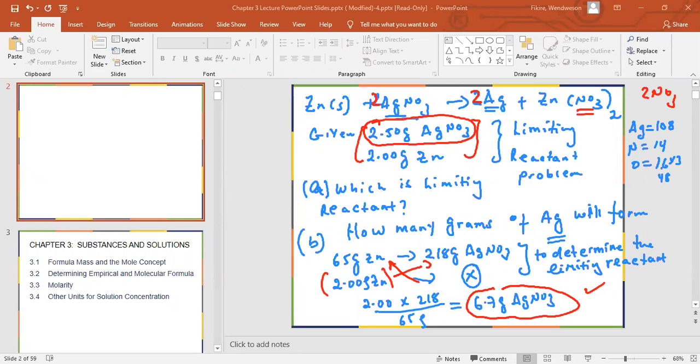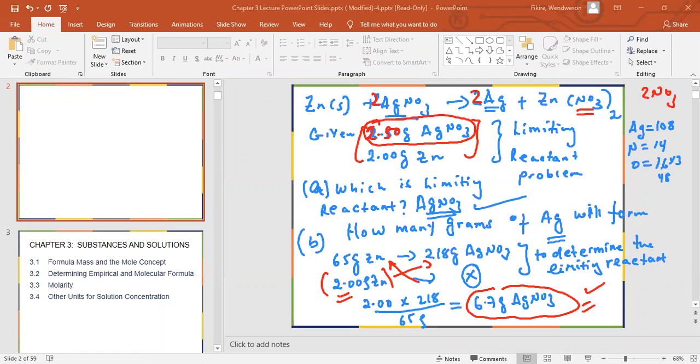So which is the limiting reactant then? Silver nitrate, because you don't have enough amount. You have been given 2.50 here. So that's how the limiting reactant is determined. In this case it would be silver nitrate.